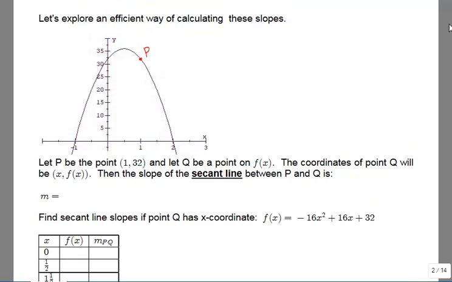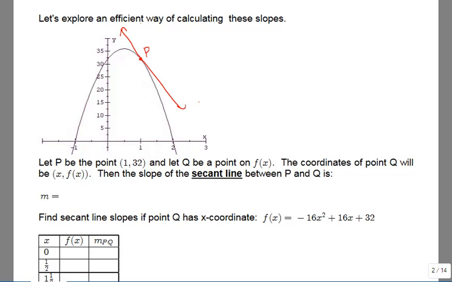So let's explore an efficient way of calculating some of these slopes. We're going to let Q vary. We're going to pick these different points Q, getting closer and closer to point P, and hopefully those slopes of those secant lines will start to estimate the slope of that tangent line really, really well. So point P has this tangent line going through it.